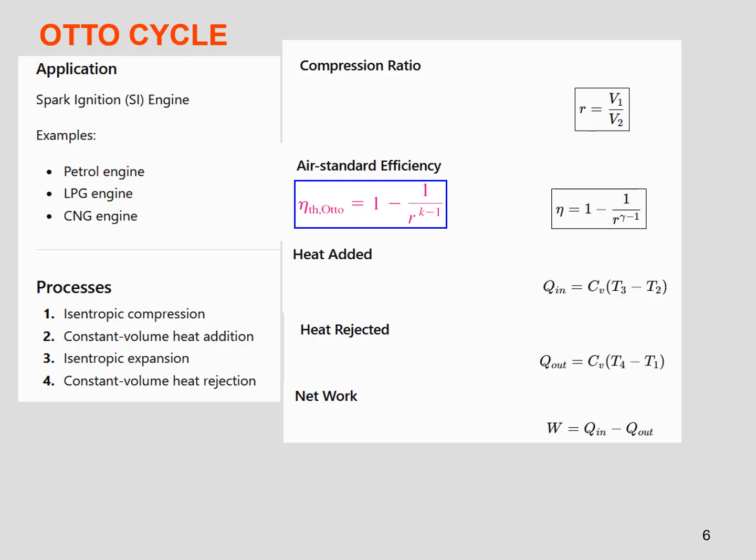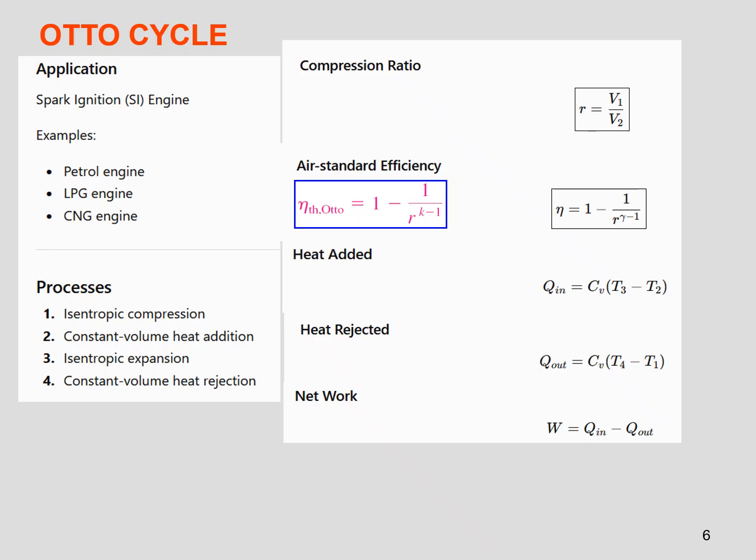Heat addition, constant volume heat addition in the process between 2 to 3, is equal to Cv into T3 minus T2, and heat rejection Q out is Cv into T4 minus T1, and the net work is equal to Q in minus Q out. So if we are able to find the net work, then net work divided by heat in is equal to the efficiency.